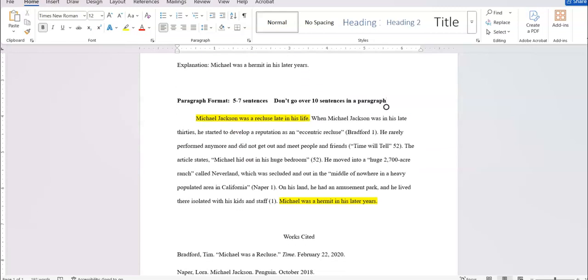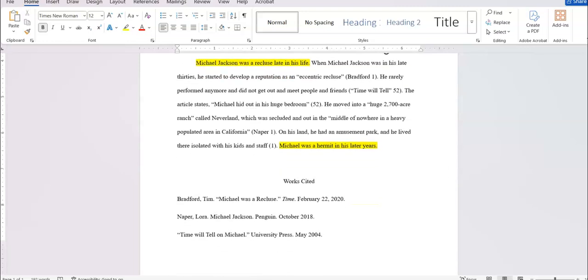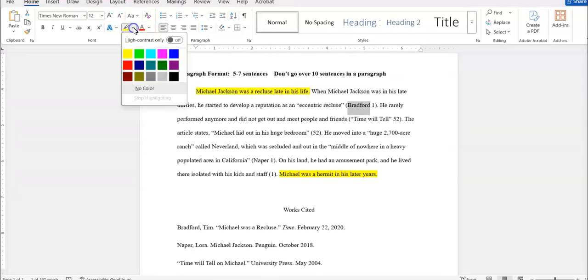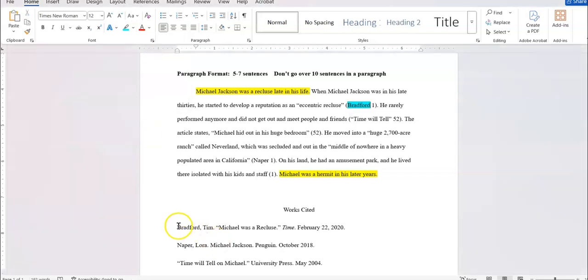Now, again, you want to make sure that your citations match exactly. If it says Bradford here, it's going to say Bradford up here. Okay. So look at your citations. Just put those in color and you can kind of see how those work.